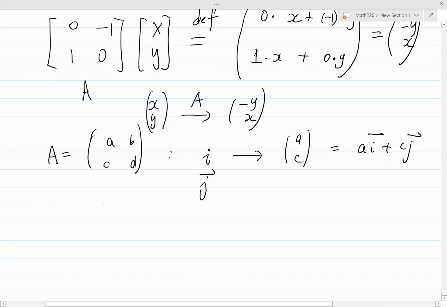The first column gives the result of output of I. The second column gives us the output of J, which is bI plus dJ.